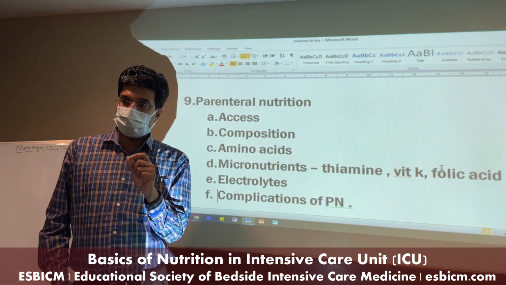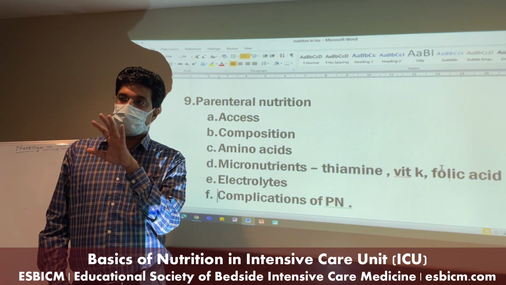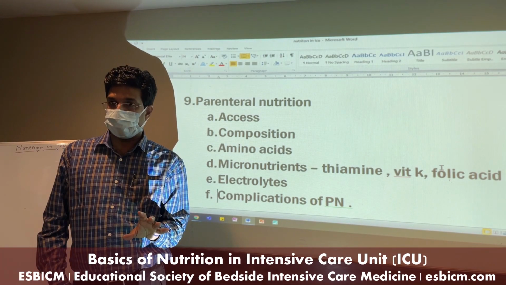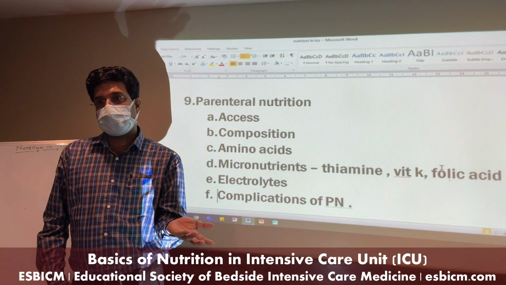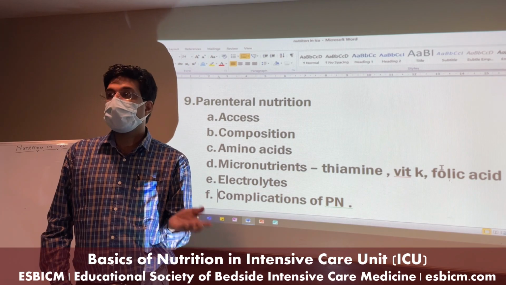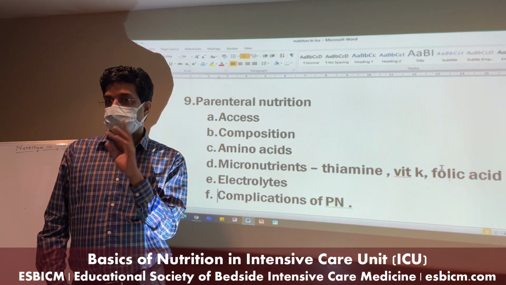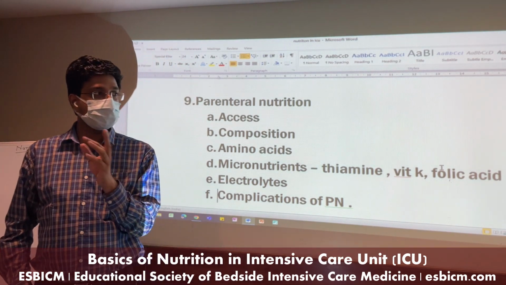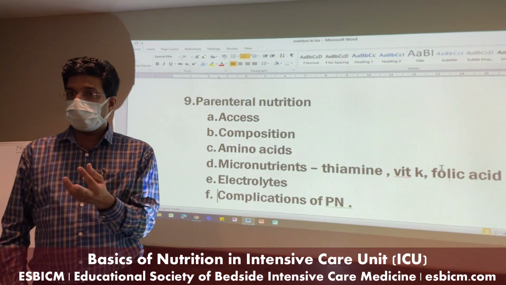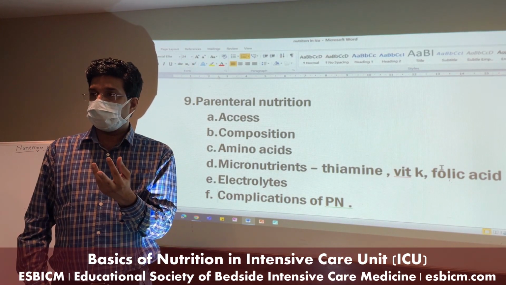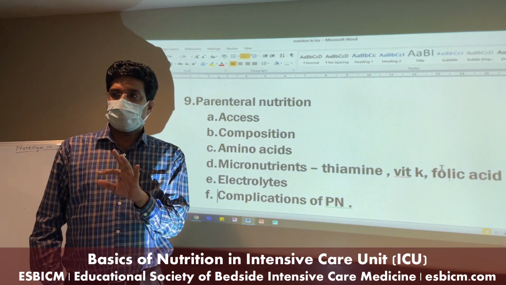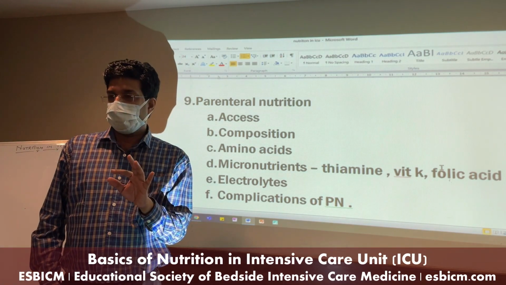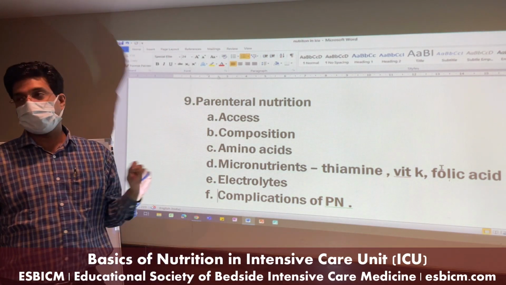If you think this patient for the next 4 to 7 days is not going to tolerate oral feed, straight away you start parenteral nutrition. If you feel this patient in the next 2 to 3 days will start tolerating oral feeds, we will be able to give enteral nutrition. You stick to your routine supplements and then later on start parenteral nutrition.